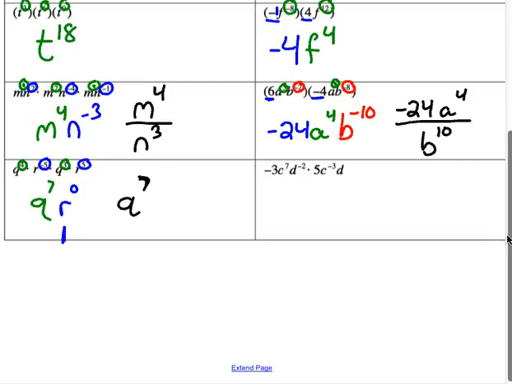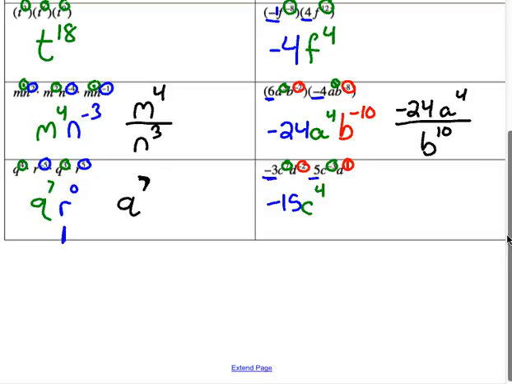And our last example in this section, remember, multiply your normal numbers. So negative 3 times 5 is negative 15. C to the 7 times c to the negative 3. 7 minus 3 leaves me with 4. D to the negative 2, d to the 1.